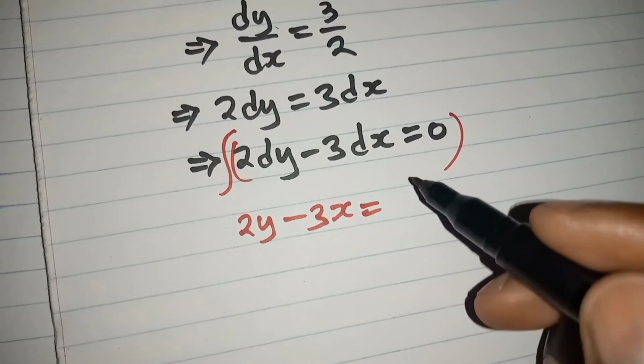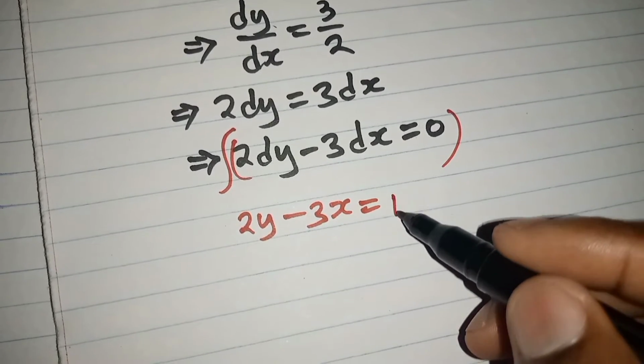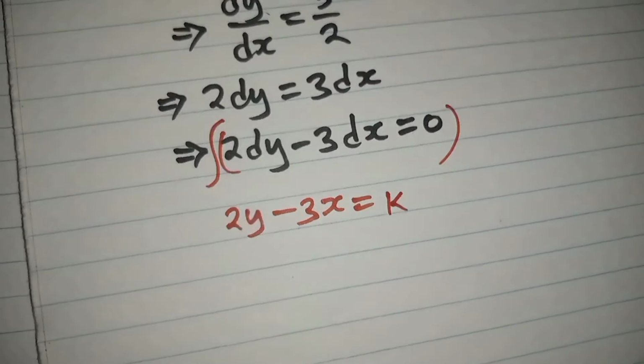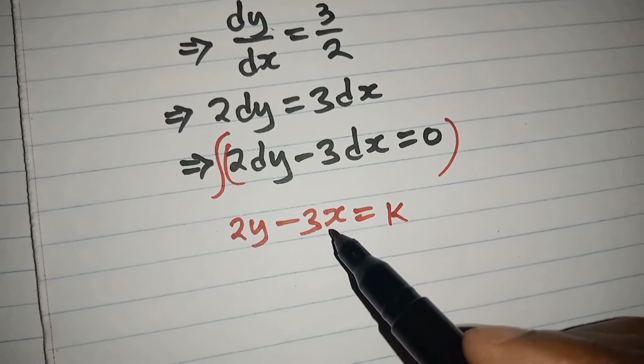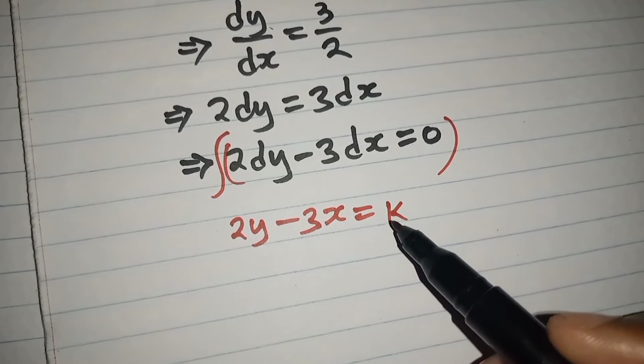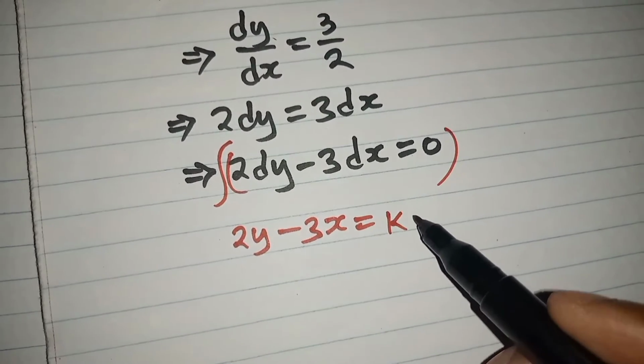Then we can let our constant be, let's say, k. We can let this function 2y minus 3x be a constant, like k.